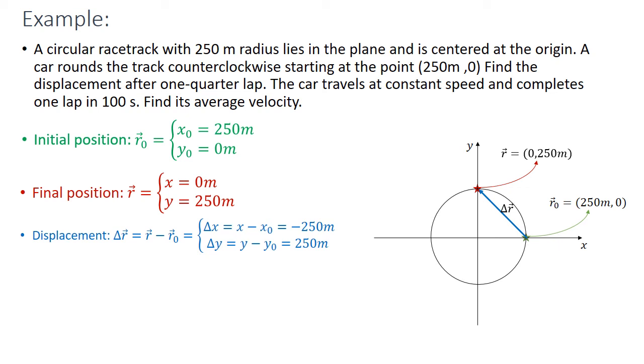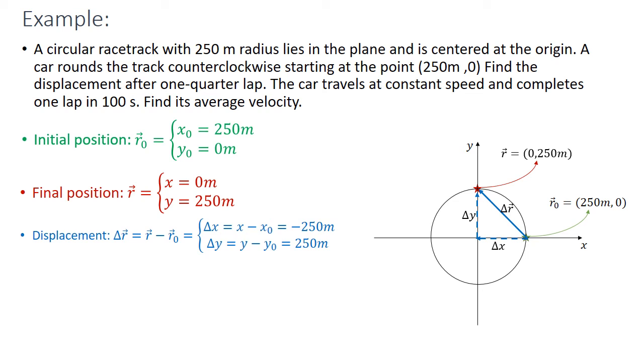I can split that into components, and I can draw these components on the figure as well. On the x-axis, the car goes from 250 to 0, and on the y-axis, it goes from 0 to 250. So I can write the split as delta x equal to x minus x0.